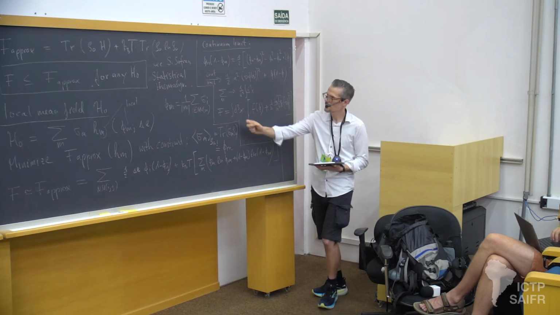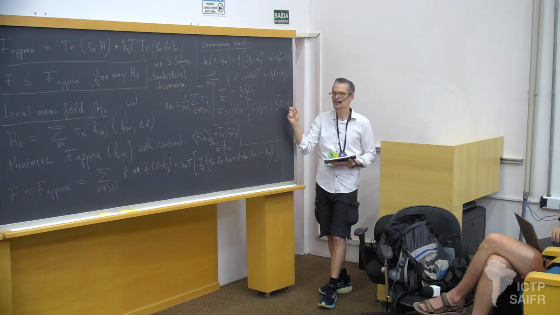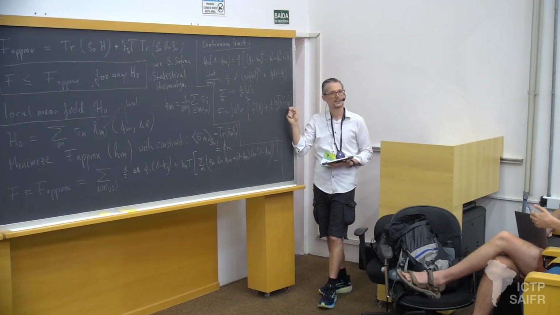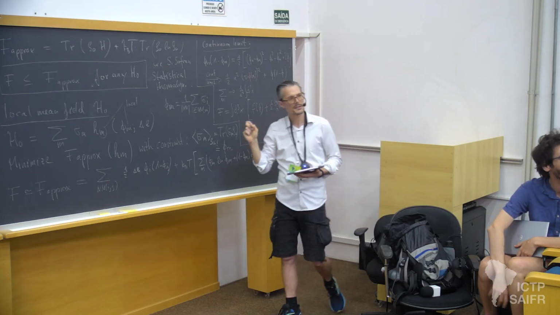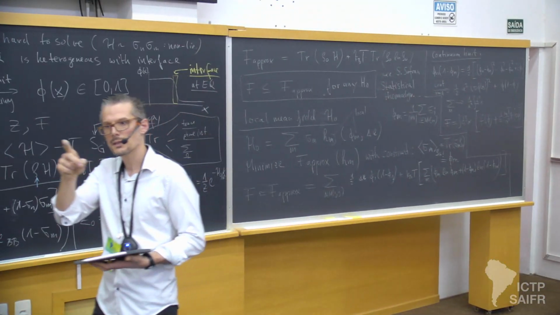Okay, so what you see here is I have a free energy, it's the integral over space of the density, and I have here a gradient term. Now, my free energy. Who has seen this contribution in your lectures? In your non-equilibrium thermodynamics lectures, maybe? Who has seen that?